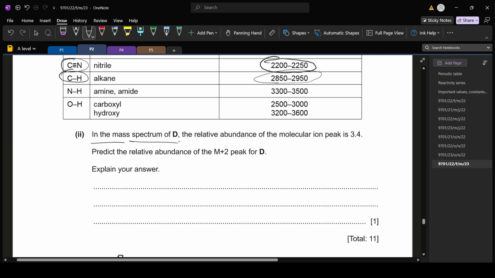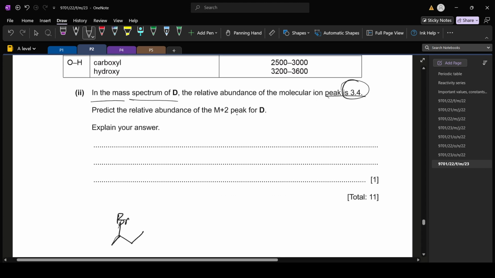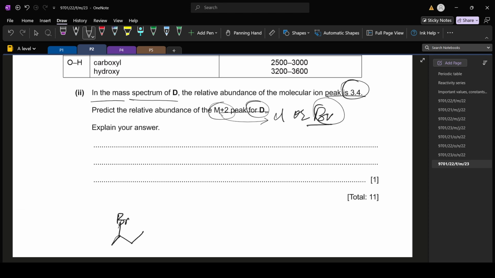Now in the mass spectrum of D, the relative abundance of the molecular ion peak is 3.4. Predict the relative abundance of the M plus 2 peak for this D. This M plus 2 peak is due to the halogen, which will be chlorine or bromine.